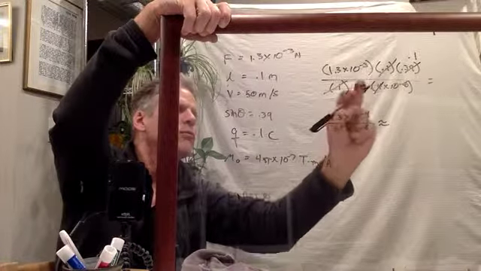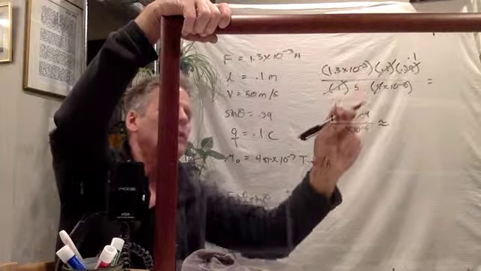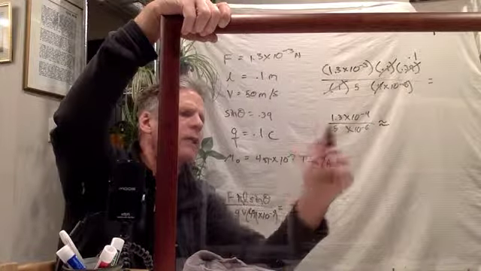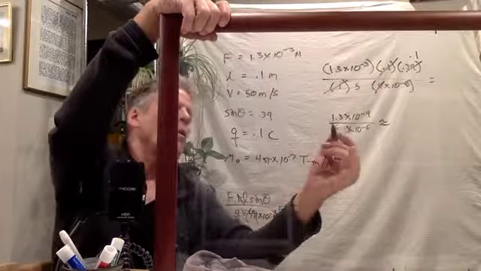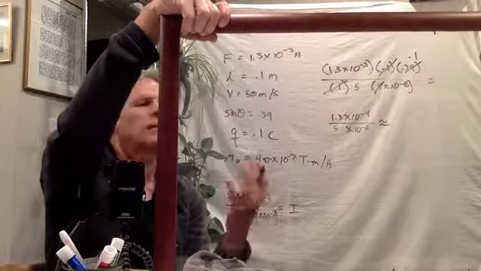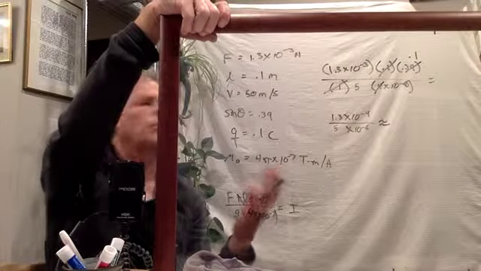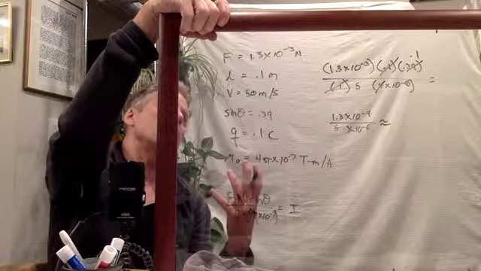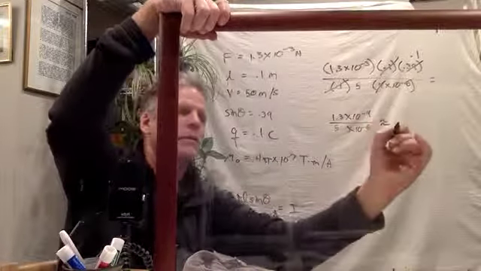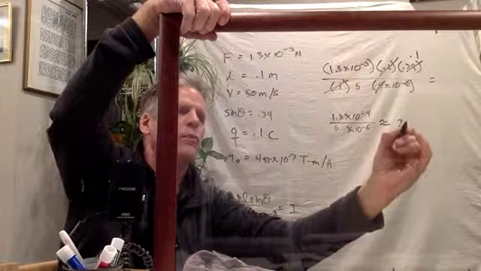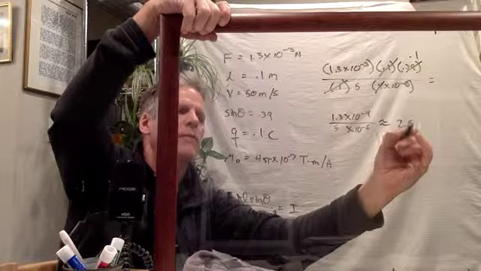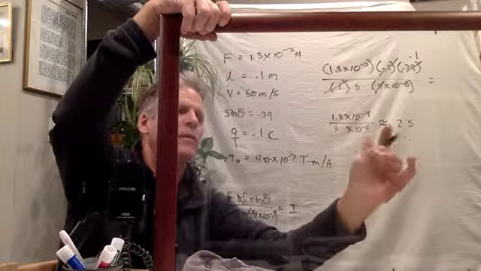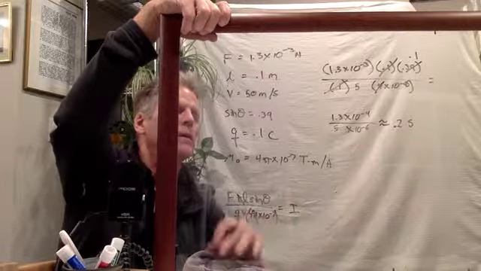That's why I changed this to 10 to the minus 6 instead of 10 to the minus 7. 5 times 10 to the minus 6. So 1.3 over 5 is, I'm sorry, 0.25.